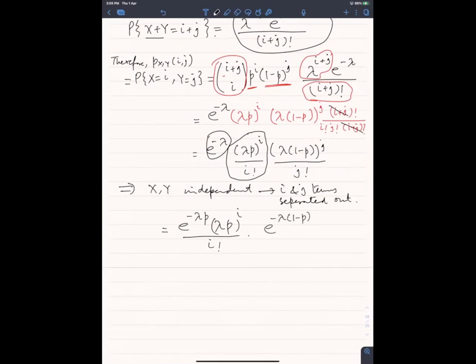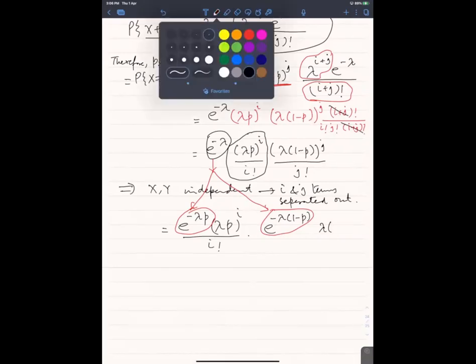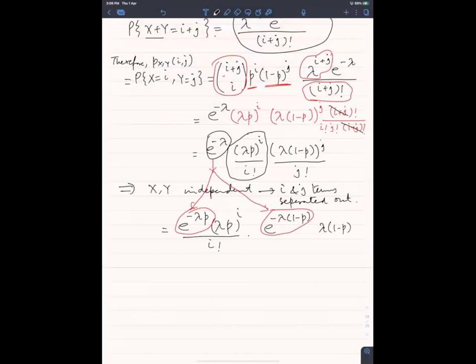Okay, this one and this one multiplied together will give you e to the lambda. Okay, and then the remaining term is (lambda (1 minus p)) to the power j divided by j factorial.